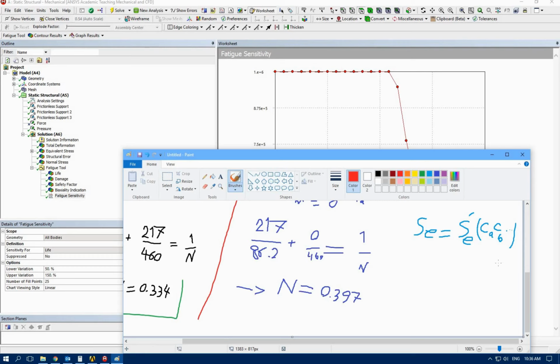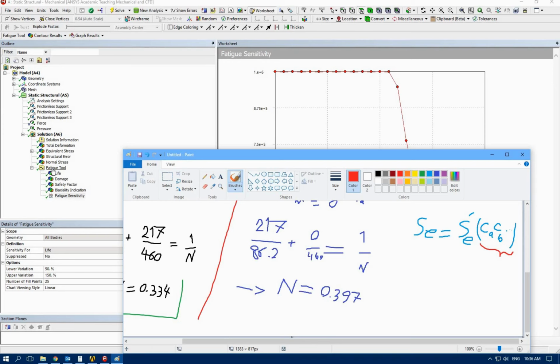And I said ANSYS won't accept these coefficients one by one, but it can accept the combination of those coefficients. So let's consider this combination of these coefficients, 0.3.